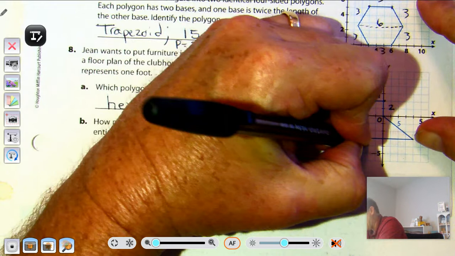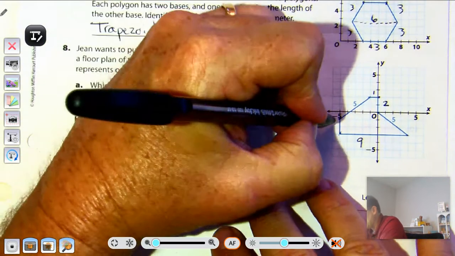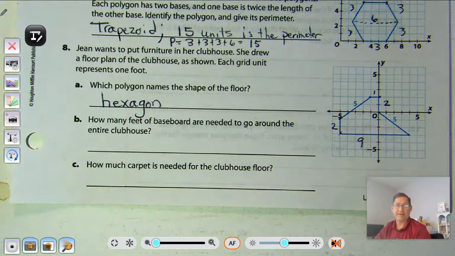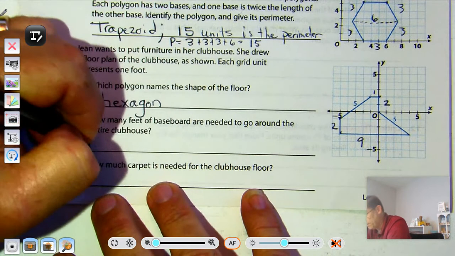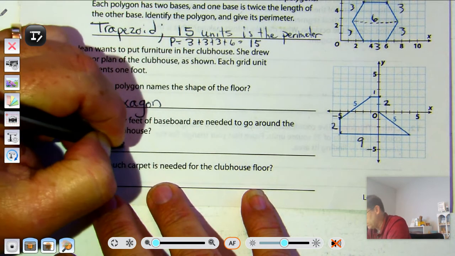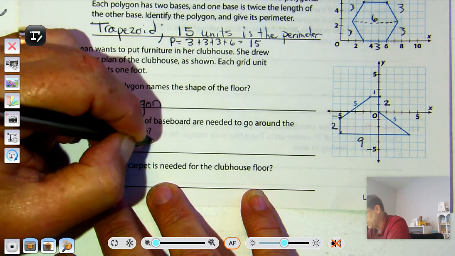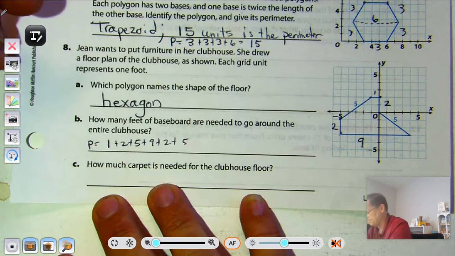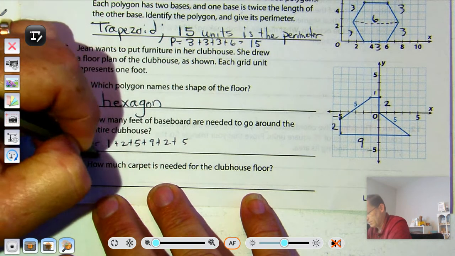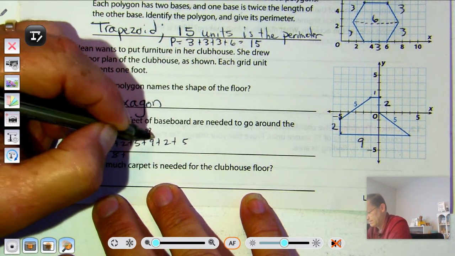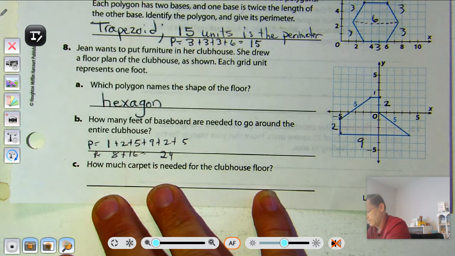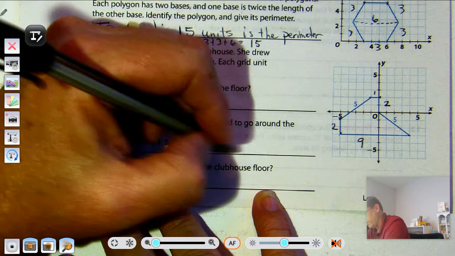That would give us 9. This is just 2. Okay. Now we just have to add them up. So we'd have 1 plus 2 plus 5 plus 9 plus 2 plus 5. So 8 plus 16, 24 feet.